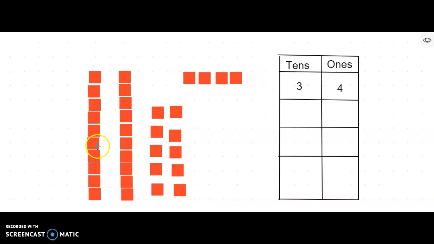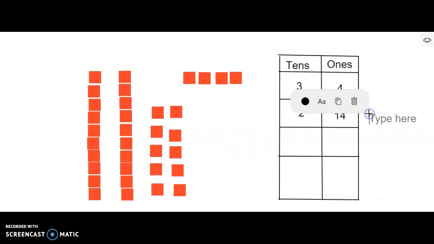So I have 2 groups of 10 still, but now I have 1, 2, 3, 4, 5, 6, 7, 8, 9, 10, 11, 12, 13, 14 ones.